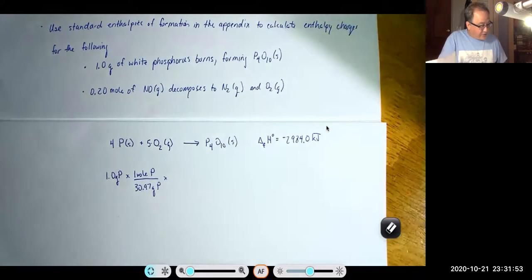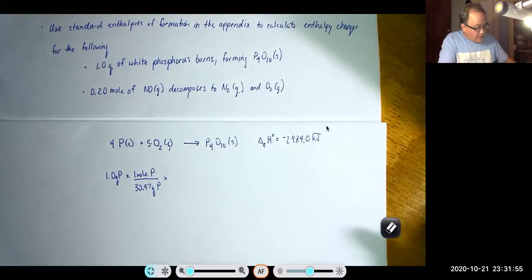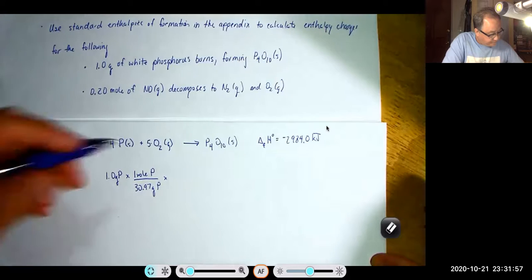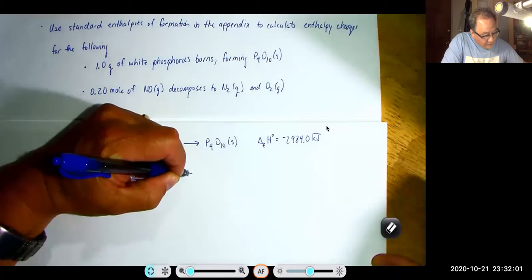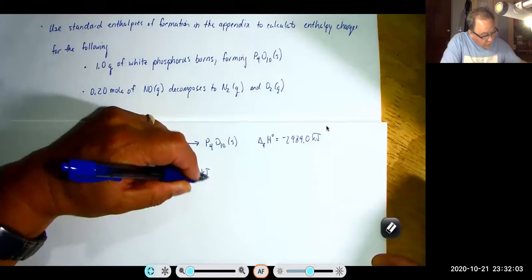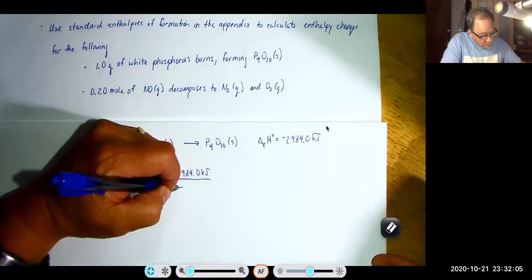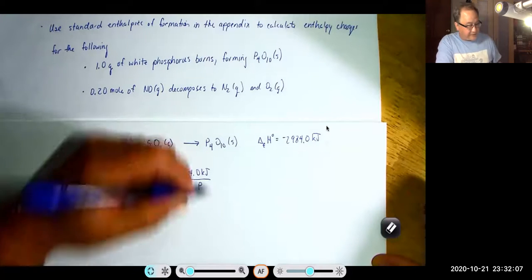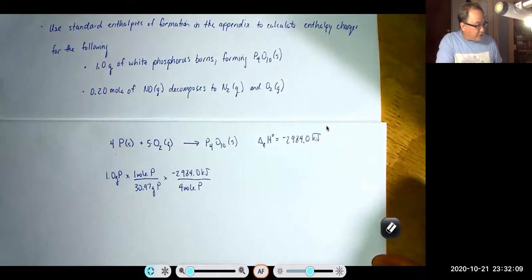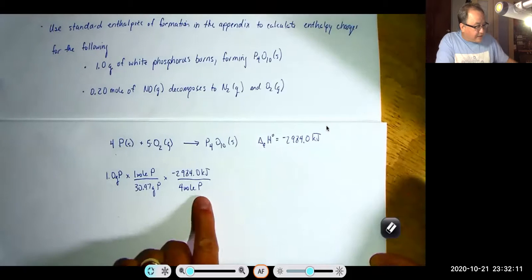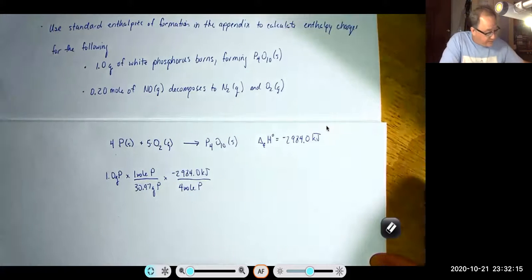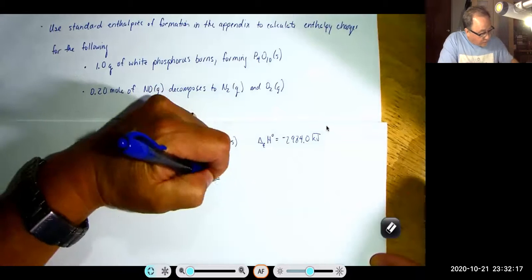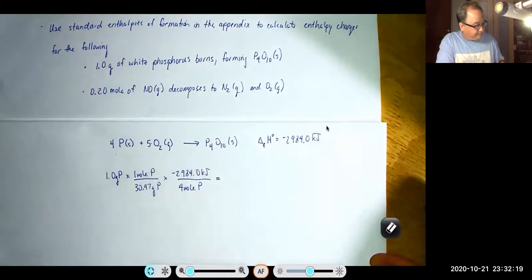And then I'm going to multiply by, according to this reaction, minus 2984.0 kilojoules per 4 moles of phosphorus. Okay, so that is going to be the energy expended when 1 gram of phosphorus burns. So the 4 comes from the balanced reaction here.